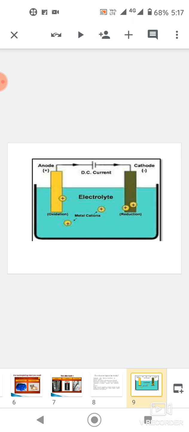Then the four essential elements of electroplating are the cathode, anode, electrolyte, and a direct current at a voltage of 6 to 24 volts. The article to be plated is made the cathode in an electrolytic cell and is connected to the negative terminal of the DC source.